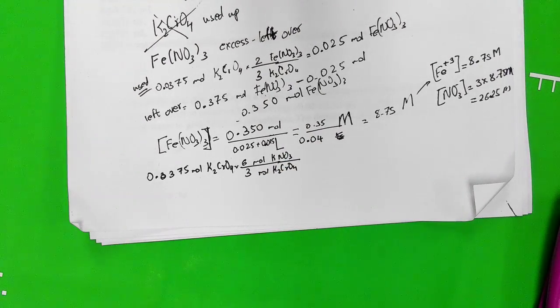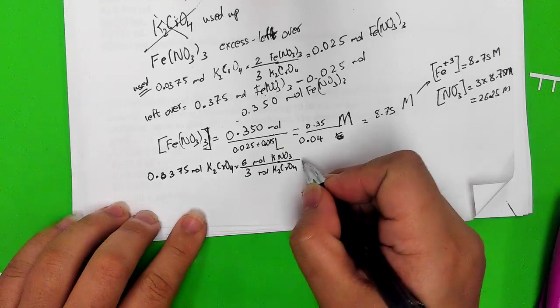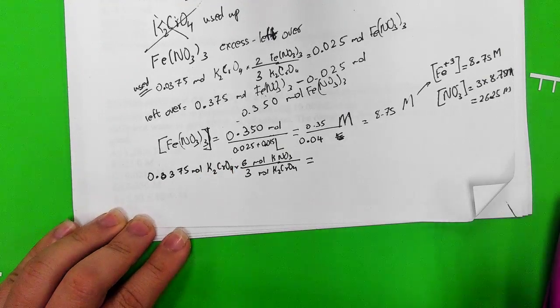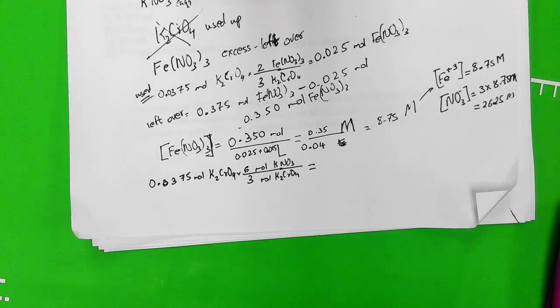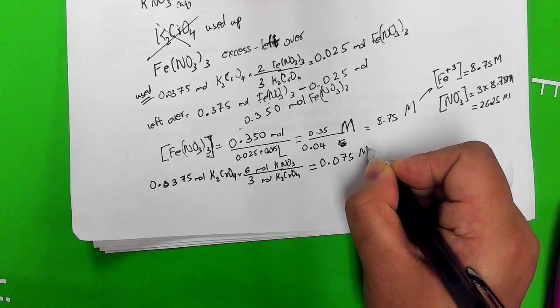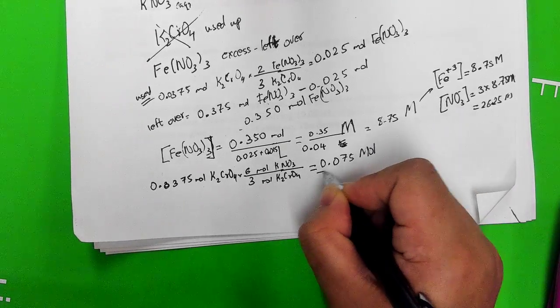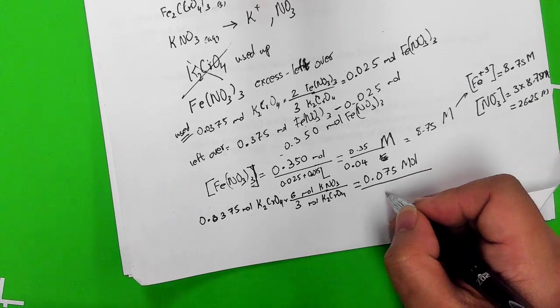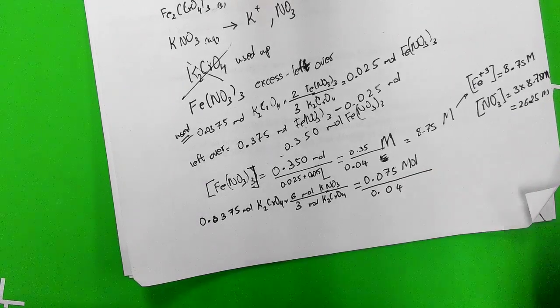Okay. That just means times 2. Right. 0.075 mole, which means divided by liters, which is 0.04.